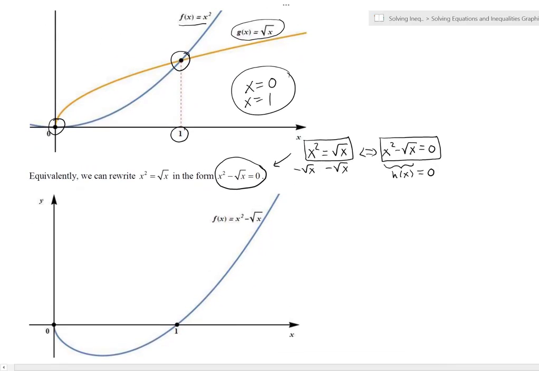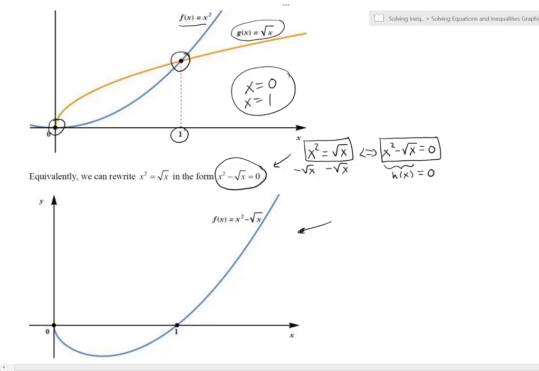So right there in this picture, what you see is the graph of the function, I called it f of x, but maybe let's just call it h of x because we already had an f of x above. But regardless of what you call it, the graph of x squared minus square root x looks like what's graphed in the picture. Oh, look.